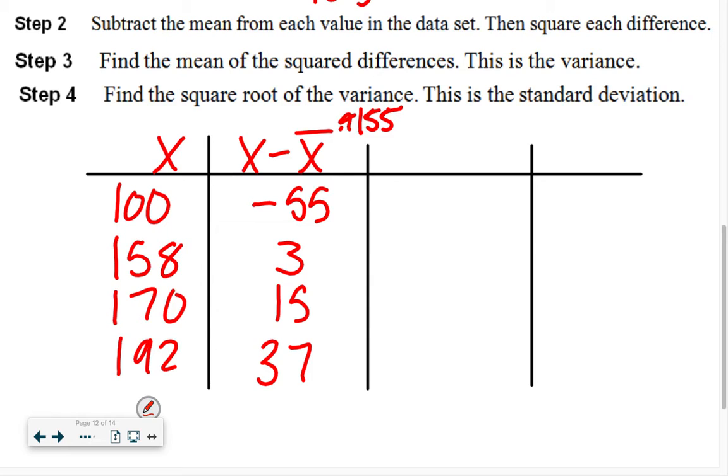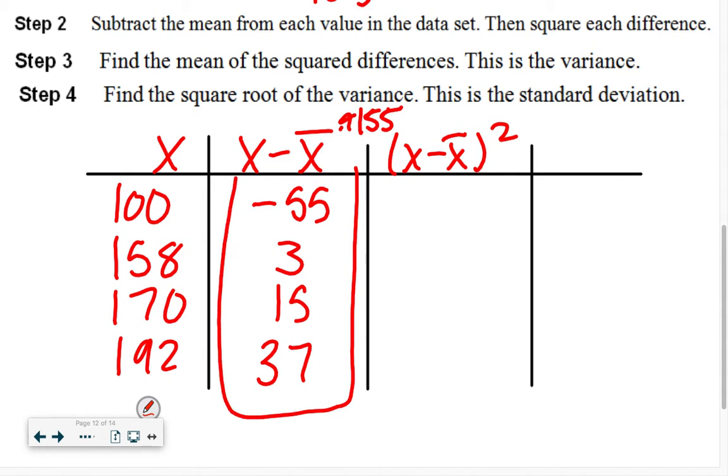The next column, all we're going to do is square the value of the previous column. So take this column and square it. This column right here should always be positive. When we take a negative and square it, we get a positive.